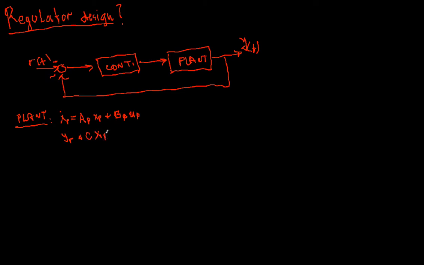y plant equals Cp xp. In the same way, for the plant we can have a transfer function representation, G of s of the plant, which is Cp (sI minus Ap) inverse Bp, such that this plant has a certain transfer function.